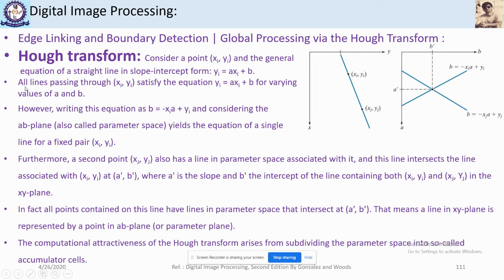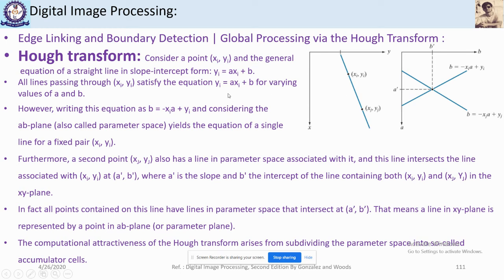Now all lines passing through (xi, yi) satisfy the equation yi = axi + b for varying values of a and b. That means from one point there are an infinite number of lines which can pass. So all the line equations can be given by this equation by having different values of a and b for different straight lines.